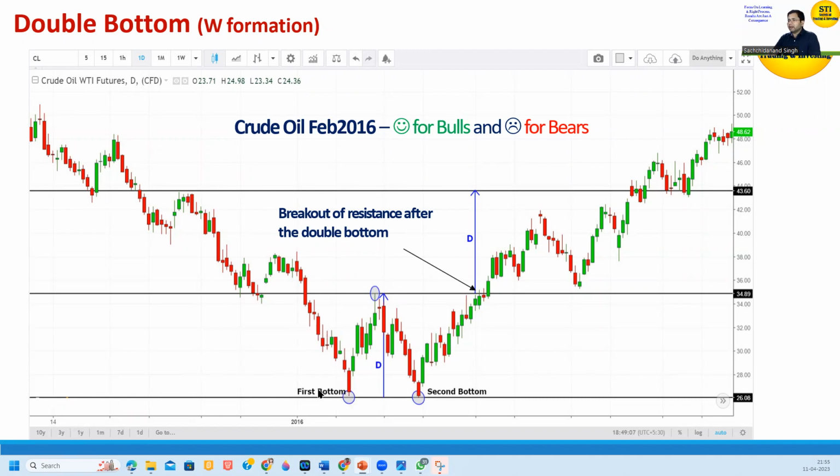Once it touches a bottom point, we can draw a line there, and it moves up, then again touches the same point or very near to it. Because it is touching the bottom line, it becomes a resistance line. Two times, and that is how the first bottom and second bottom formation happens, and it is treated as a bullish reversal chart pattern.